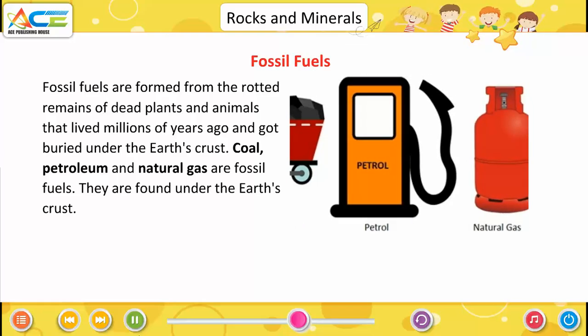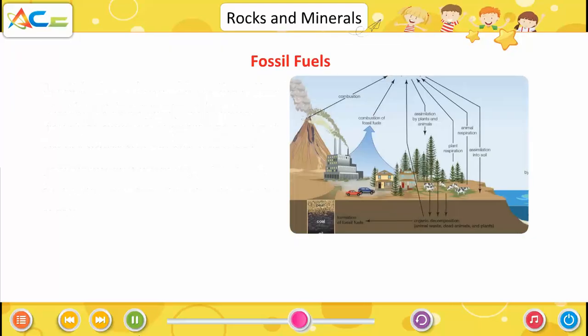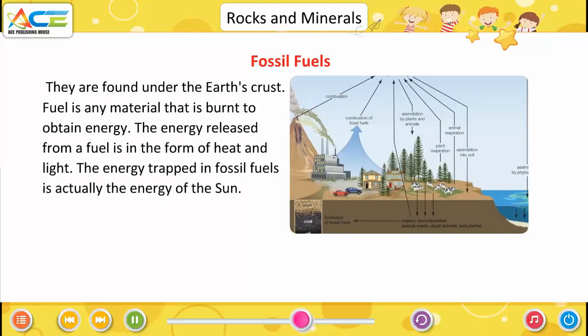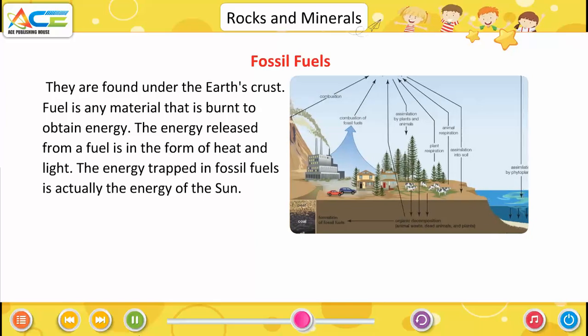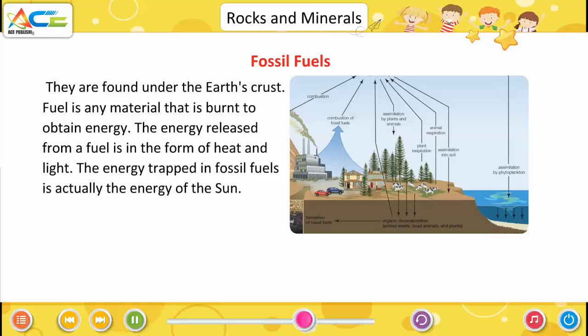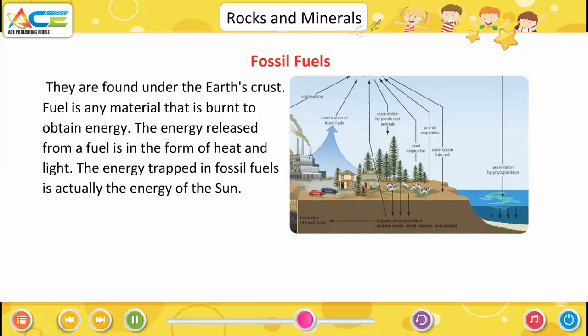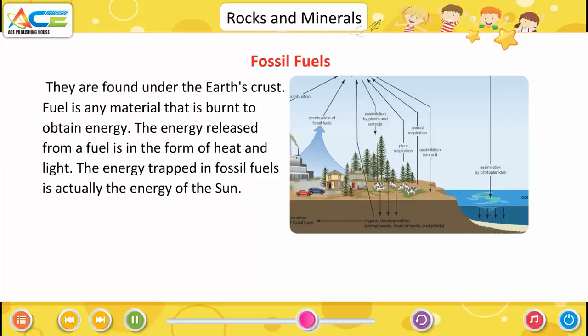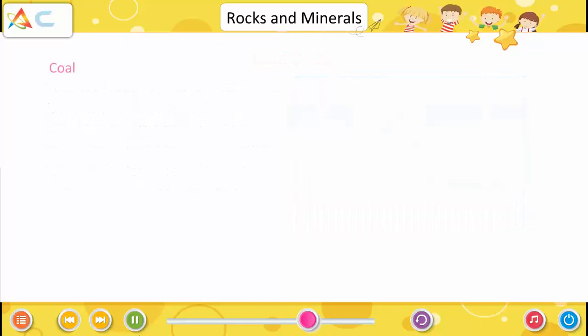They are found under the Earth's crust. Fuel is any material that is burned to obtain energy. The energy released from a fuel is in the form of heat and light. The energy trapped in fossil fuels is actually the energy of the sun.